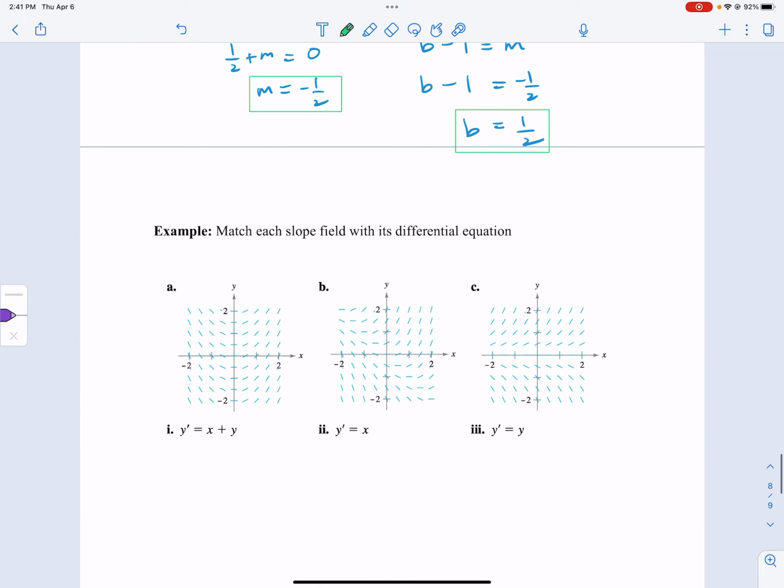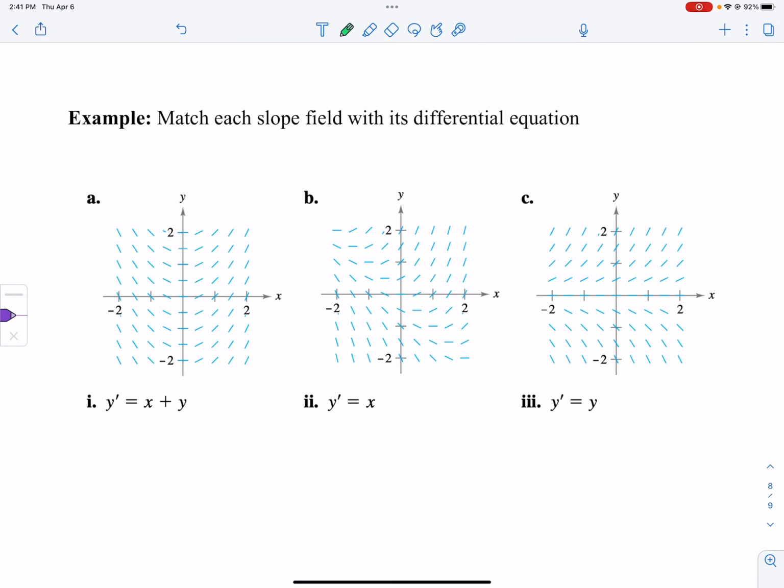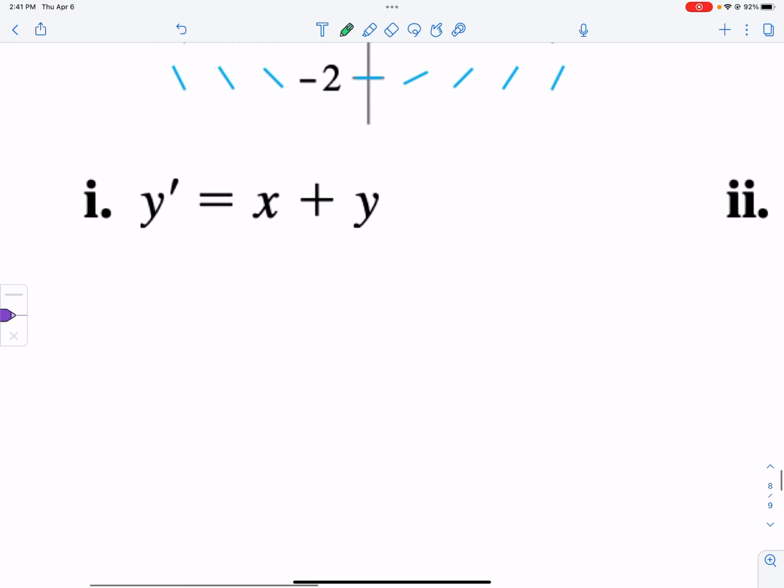Okay, and then for matching each slope field with its differential equation, my first strategy would be looking for the trends. So look at a differential equation and ask, okay, where do the horizontal tangent lines occur for this differential equation?